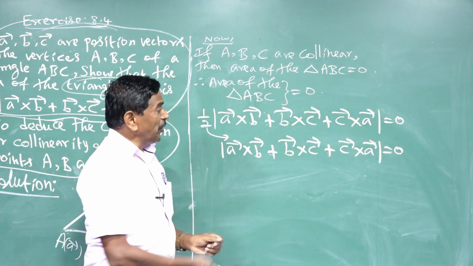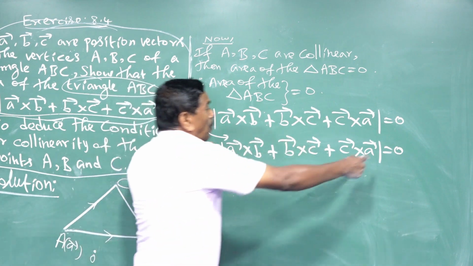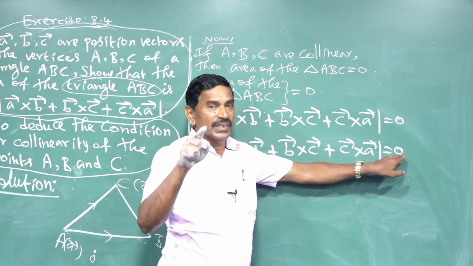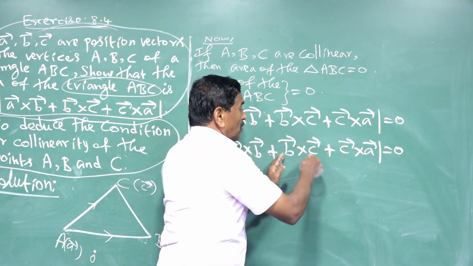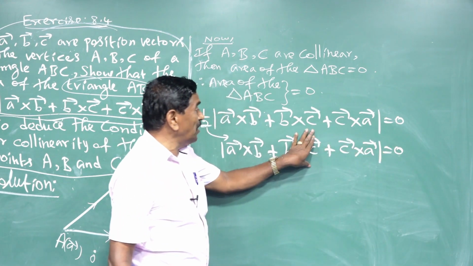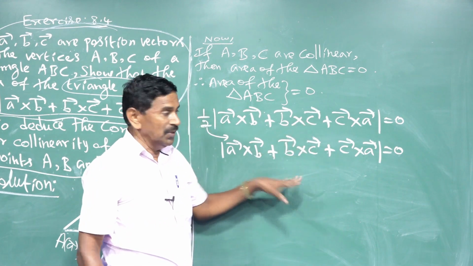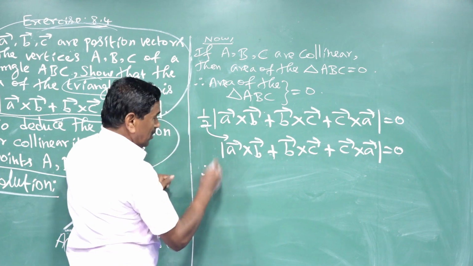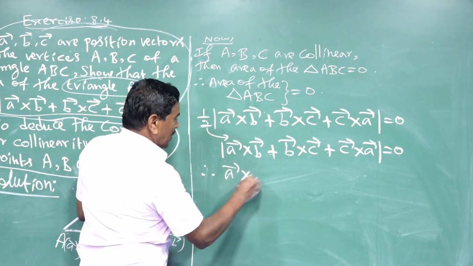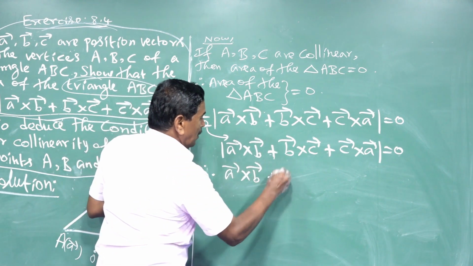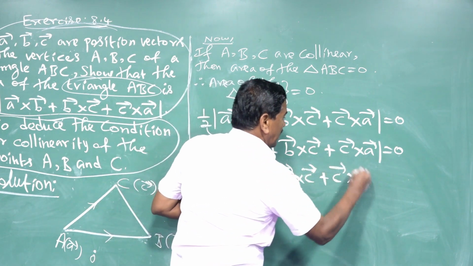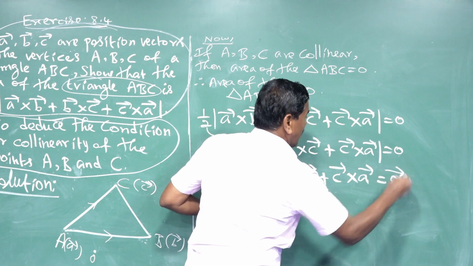Okay. Now can you tell me, here modulus of a vector equal to 0 means, yes, modulus of a vector is equal to 0 means this inside vector is a 0 vector. Okay. Therefore, this inside vector is a 0 vector. That is A vector cross B vector plus B vector cross C vector plus C vector cross A vector equal to 0 vector.